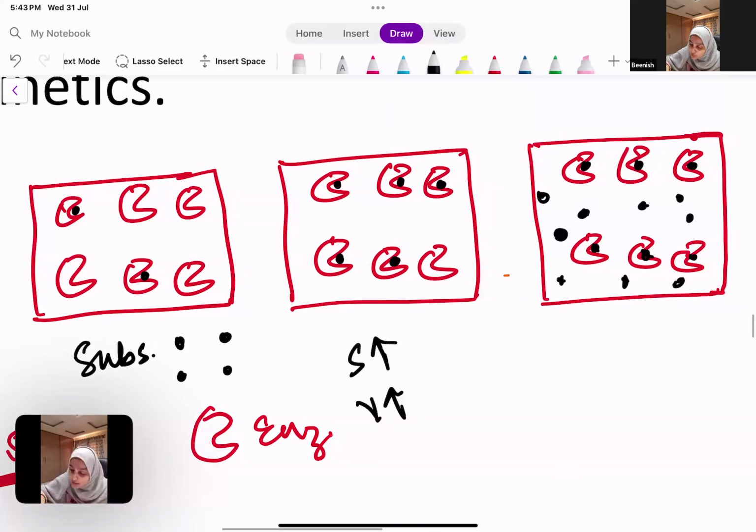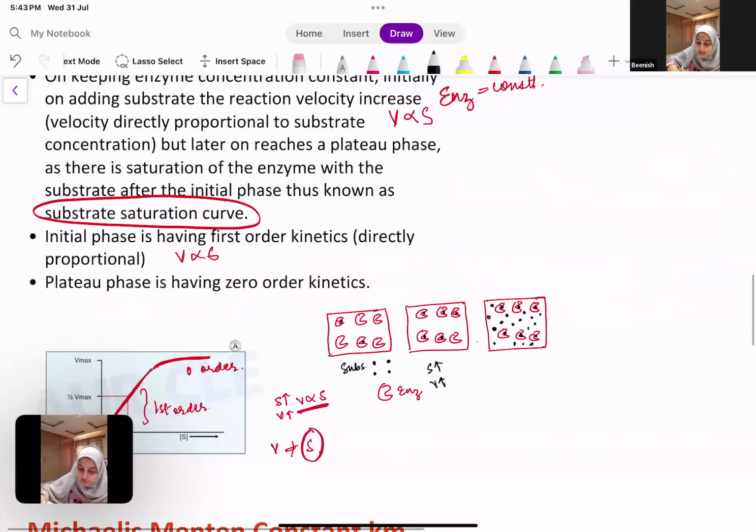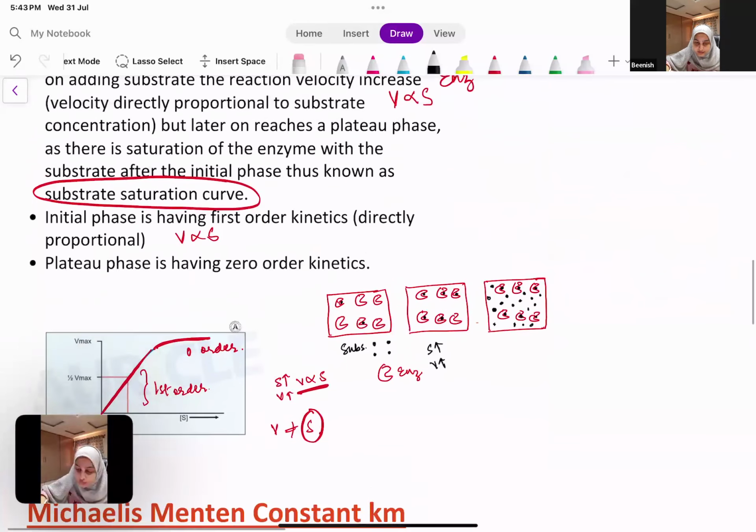Now, no matter how much substrate concentration I increase, since the enzyme concentration is the same, all the enzymes are already bound with substrate. So on increasing the substrate concentration, the velocity is not going to increase, because all the free enzymes are already converted into enzyme substrate complex. I hope it's clear now. So this is what is meant by the substrate saturation curve, and in this phase it is going to follow zero order kinetics.